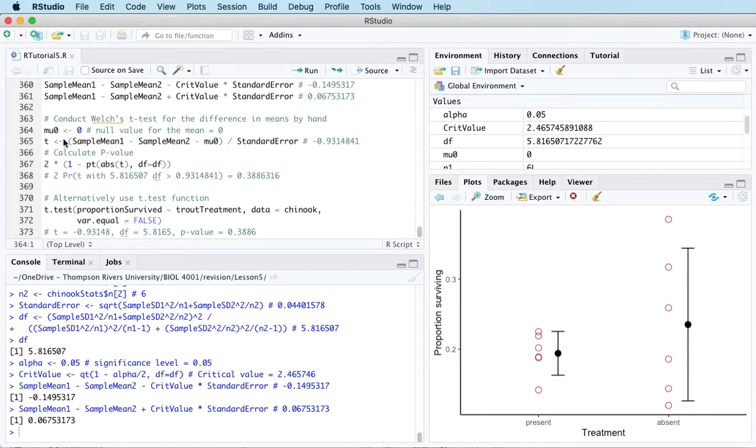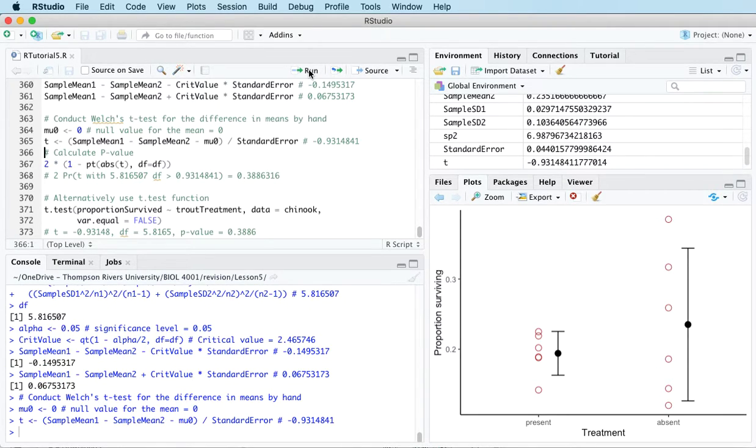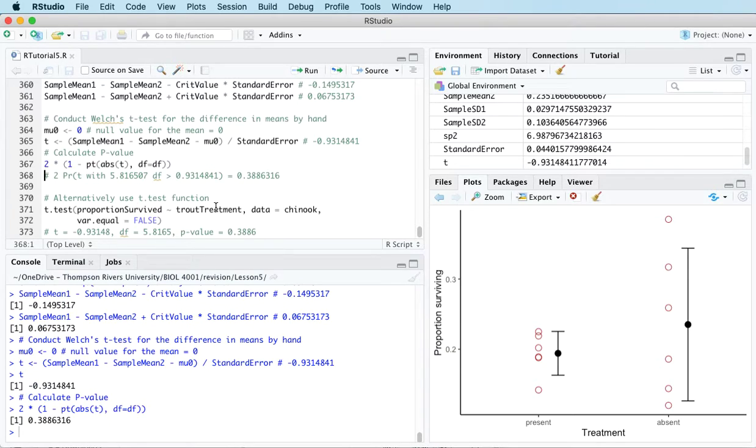Step 2, calculate the test statistic. So we set the null value for the mean difference to be 0, and then calculate the test statistic. So it comes to minus 0.93. And then the p-value, there's the calculation, and it comes to 0.39.